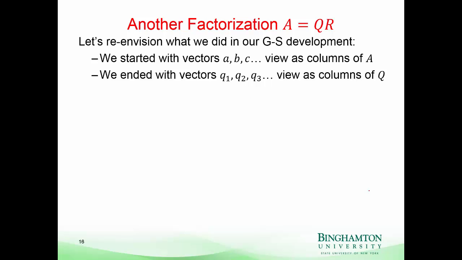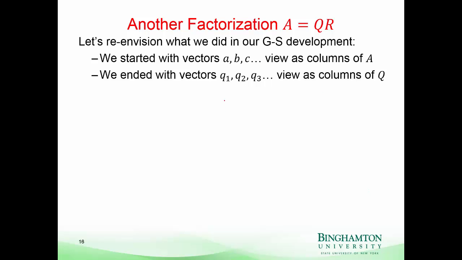And so let's re-envision what we just did. We'll rely on this ABC notation and Q1, Q2, Q3. So there's no reason why we have to stop at 3 vectors. If we're in a higher dimensional space, we can start off with however many vectors as the space allows us to have that are linearly independent.